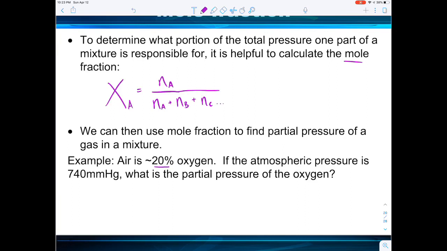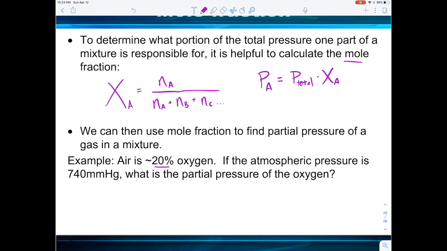So the equation, and this will make more sense as you use it, the equation for the pressure caused by some gas A, its partial pressure, will be basically the total pressure multiplied by the mole fraction of A. We'll do more examples of that in class, I promise.